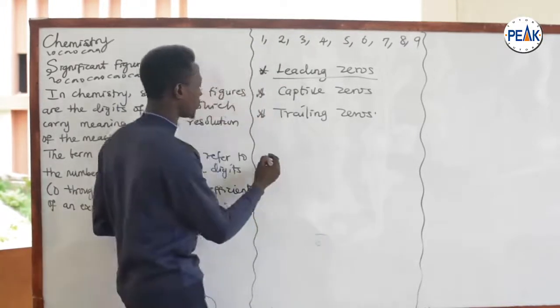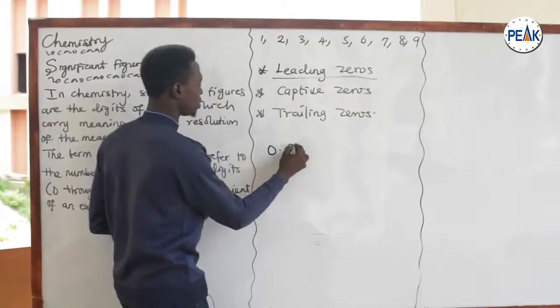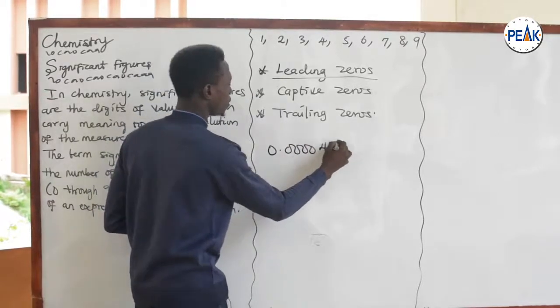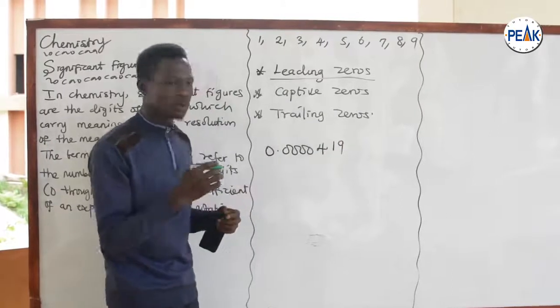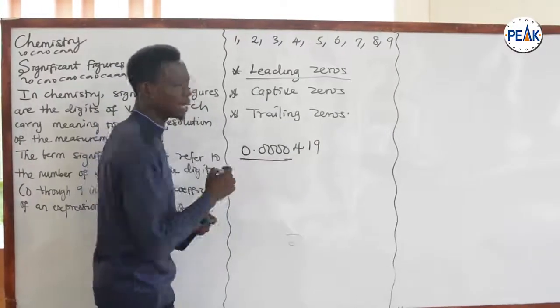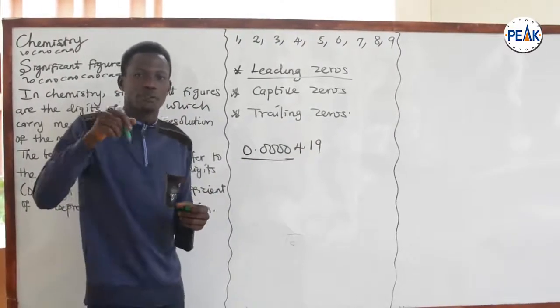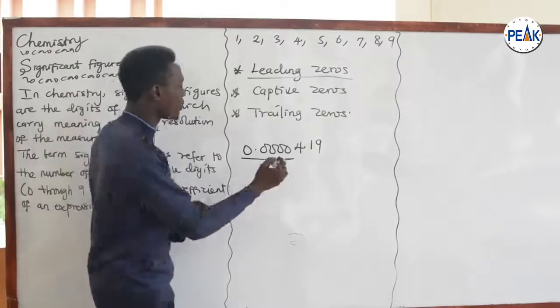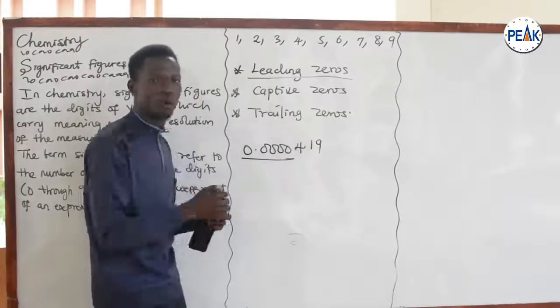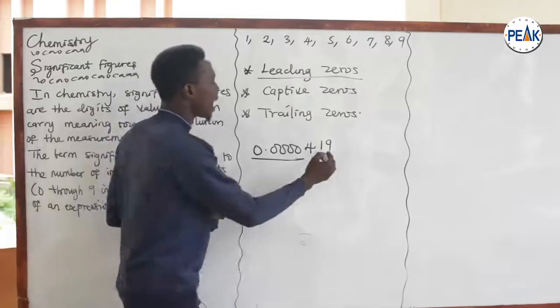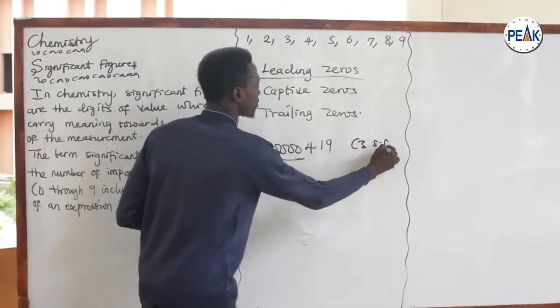For instance, if I have 0.0000419, these zeros that I have here are the leading zeros. They come before the first non-zero digit. And my first non-zero digit here is 4. So in this case, I have just 3 significant figures here.